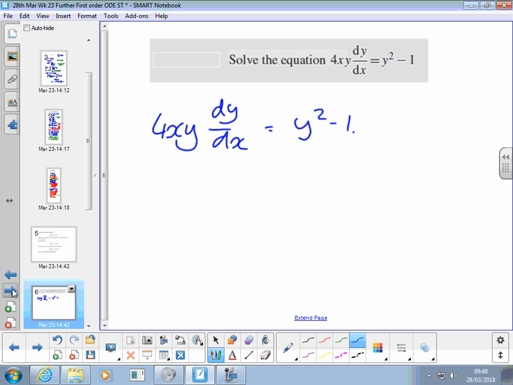If you divide by 4xy, you're going to put an x on the other side. Which side are you going to put things? Let's have all the y terms on the left, all the x terms on the right. Does that help? Divide by dy. Y terms on the left, please.